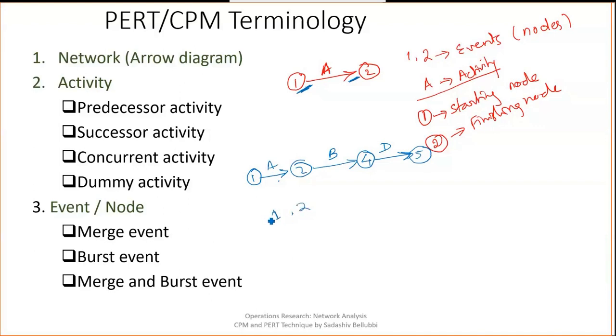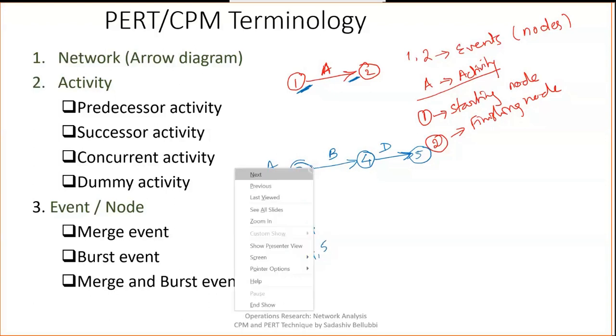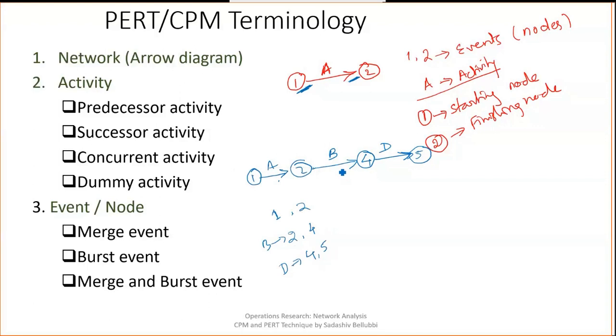For activity B, 2 is the starting node and 4 is the finishing node. For activity D, 4 is the starting node and 5 is the finishing node. Don't get confused: where the tail of the arrow starts, we call it the starting point for that particular activity. This is about the network.